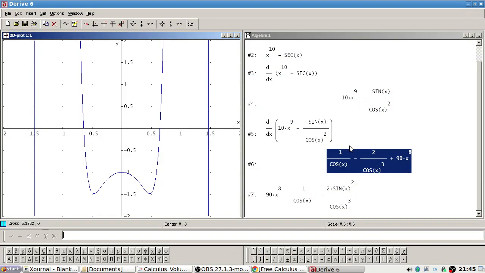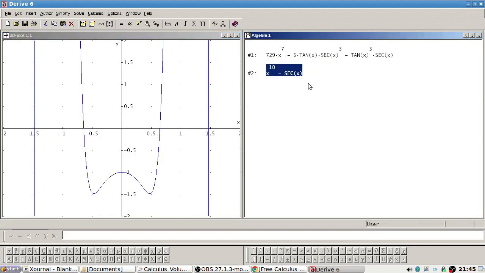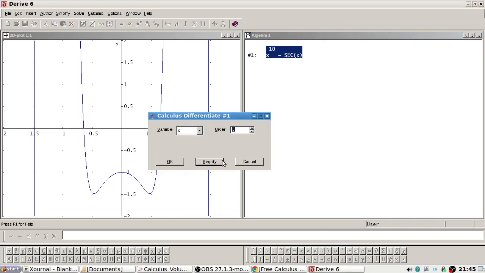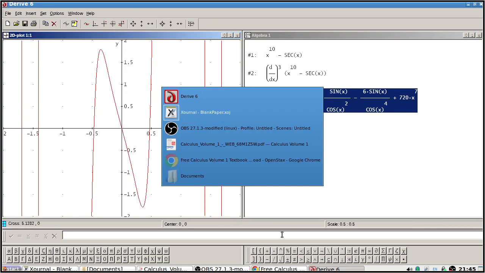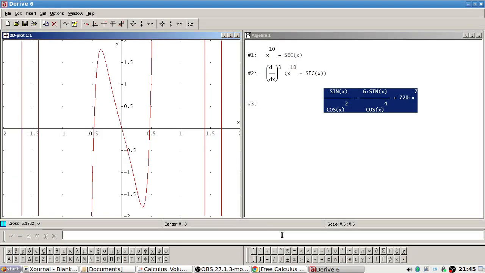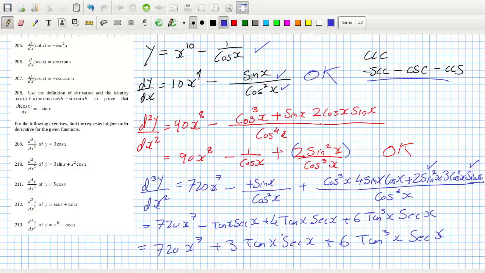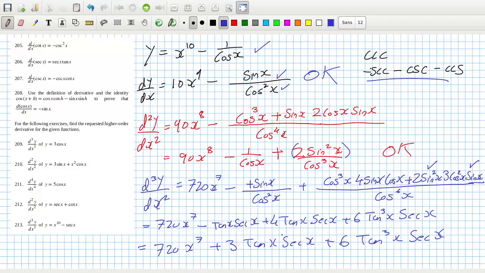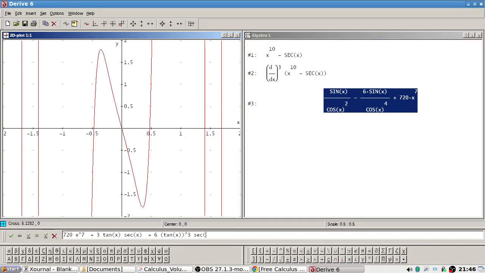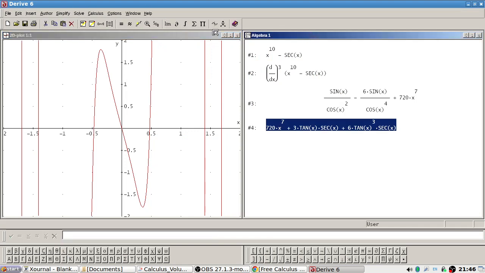Man, oh man. Let's hope this matches. This matches.